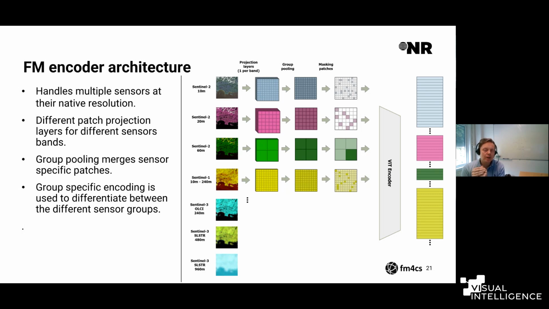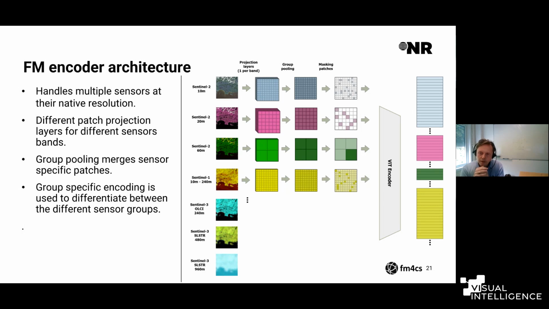Then we pool these patches for each sensor. The 10 meter bands will be pooled to one by simple averaging, giving 768 vectors. For the 20 meter bands we do the same, and so on for all of these. But I think except for Sentinel-3, we divided into 3 different groups because there are 21 bands there.